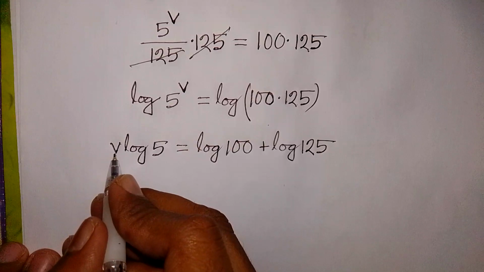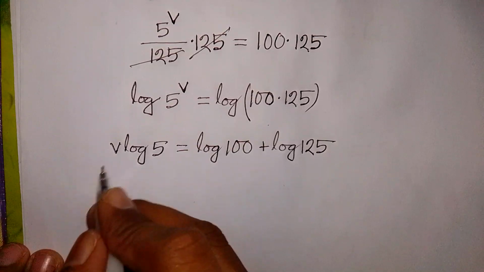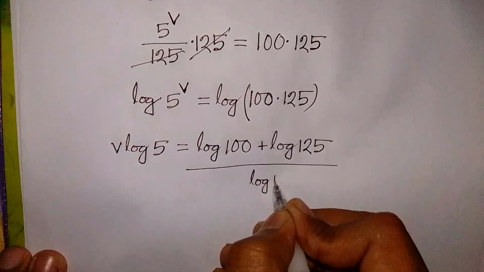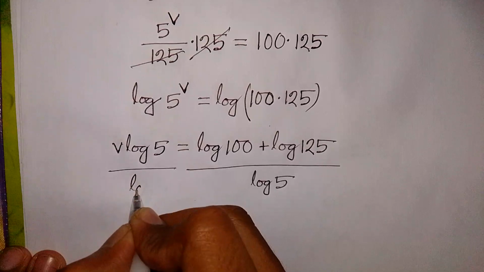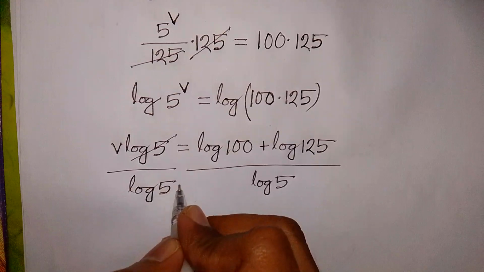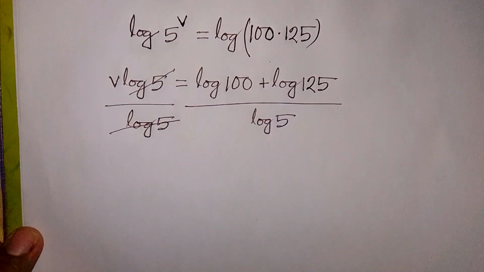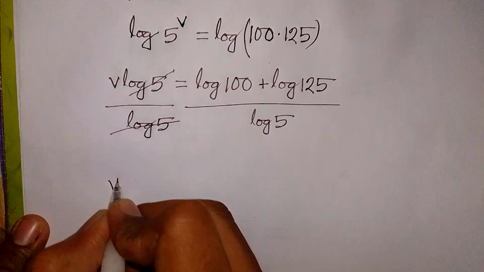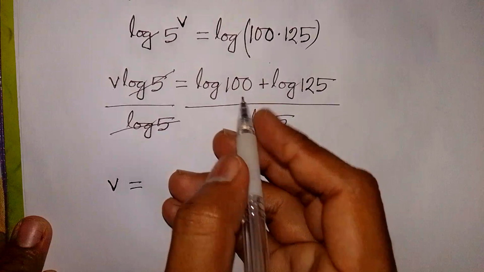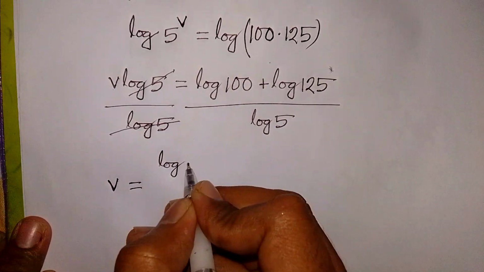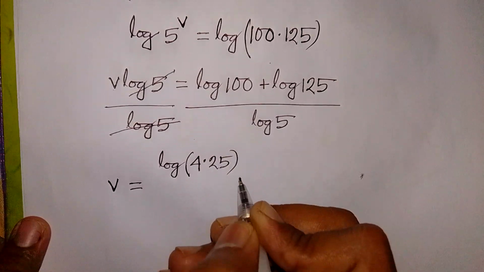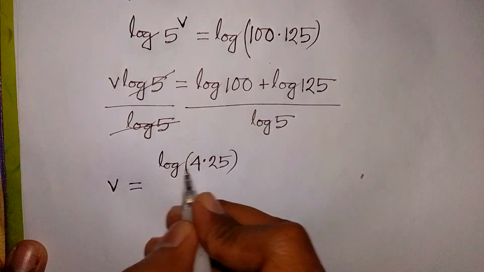We need the value of v, so we have to divide by log 5 on both sides. So divided by log 5, divided by log 5. This log 5 will be cancelled. Here v will be equal to log of 100, which can be written as log of 4 times 25.